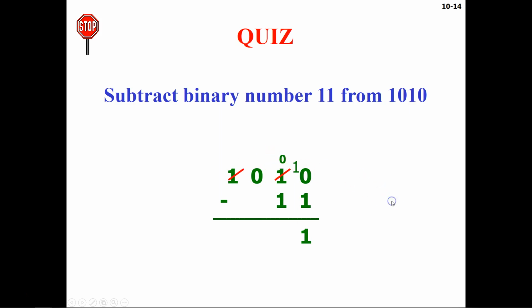So let's see. Borrow is taken here, so this will be 0 and this will be 1, 0. And then when this is 2, 1, 0 is your 2, then we have to take one more, we have to take borrow from here, because the borrow has been taken just from here. So now it has been here. Now if you take from here, then here you will be left with 0, 1, because this was 2, 1, 0 was 2.